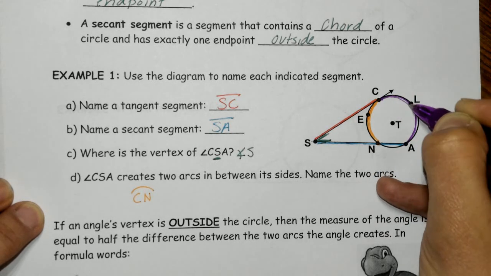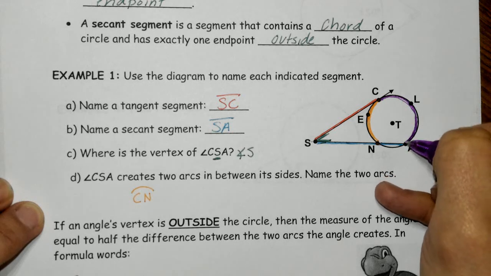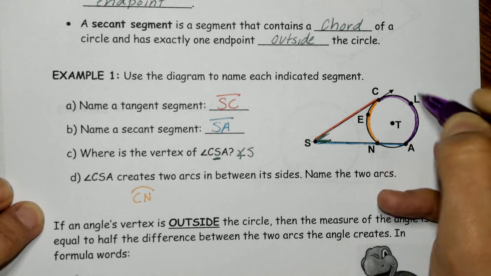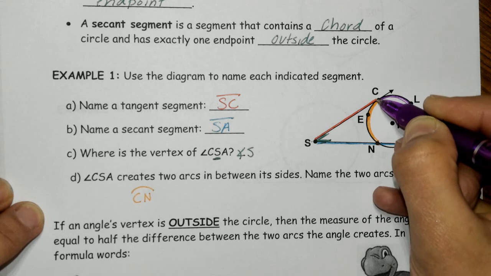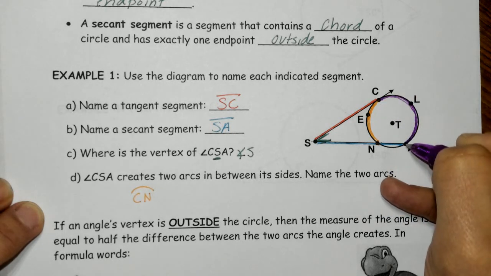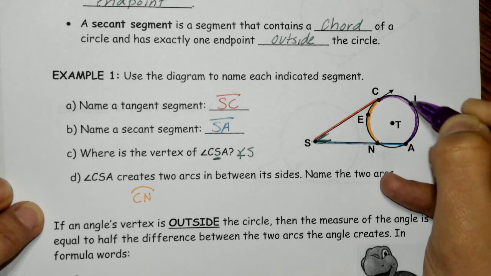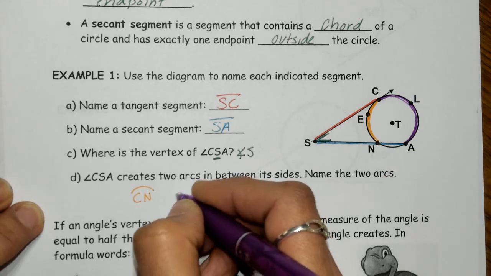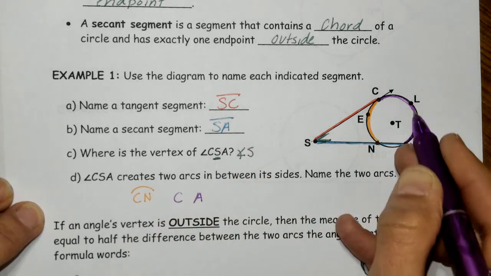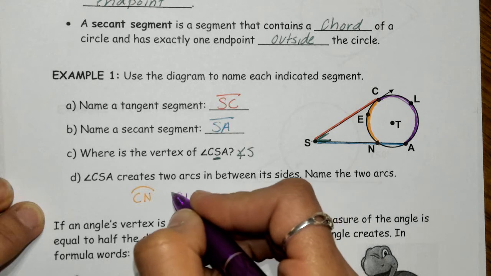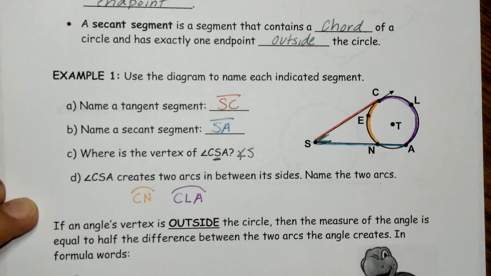Right now, we don't know the measurement, so it looks to me like it's over 180 degrees, so we're going to go ahead and say it's going to be a major arc, so we'll call it arc CLA, or the other way, arc ALC. Remember that our endpoints have that point that we pick up, L, in between them. All right.